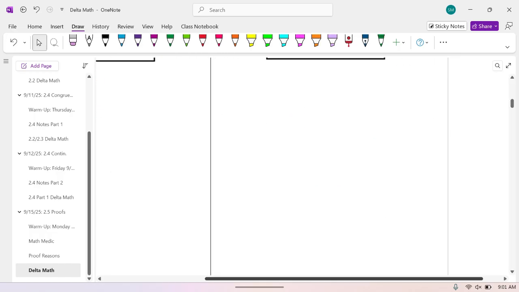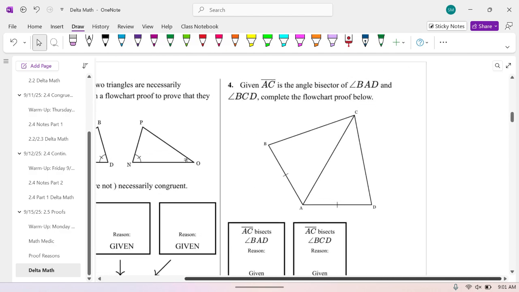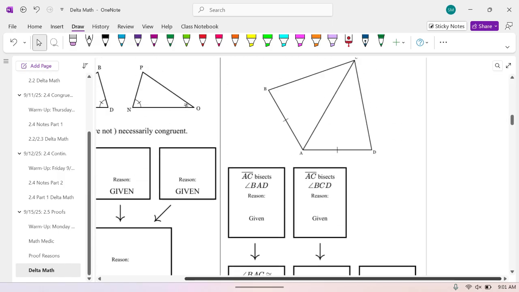We're going to do this one together. Now, this is one where they gave us a couple of things, and then we still got to make some more conjectures to figure out what's going on.